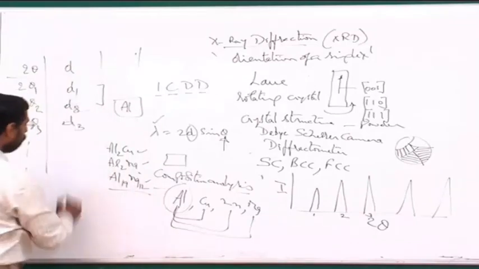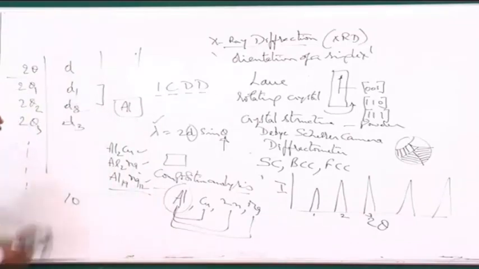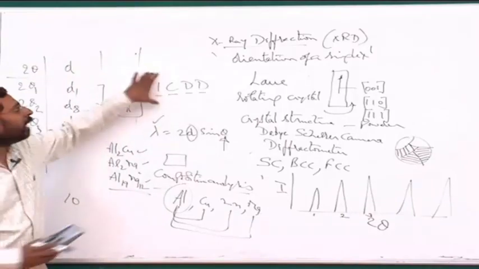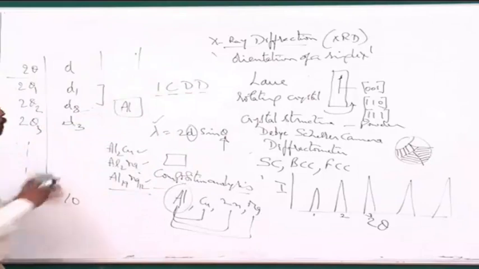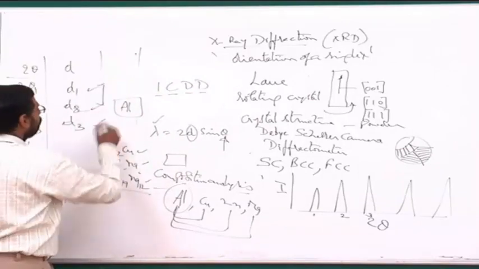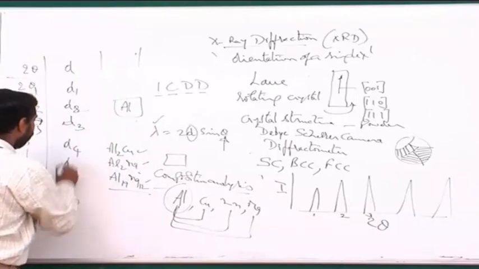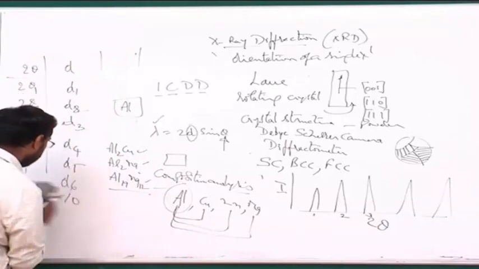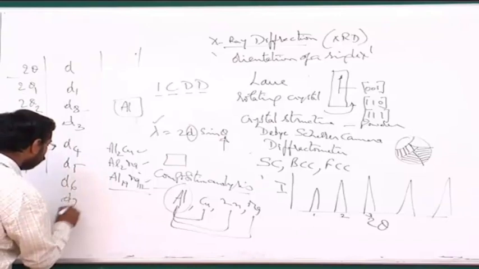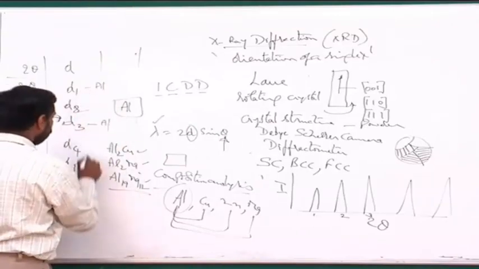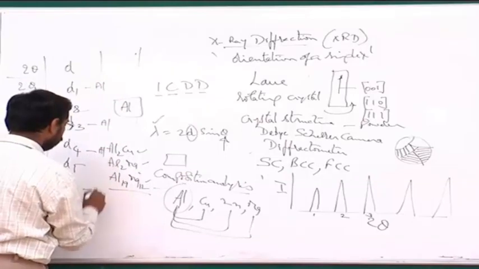Out of all these some 10 peaks that are available or so, find out which peaks are matching with the d spacings of aluminum in the ICDD handbook. I put a tick for all of them and then say, okay, these are all aluminum peaks, d4, d5, d6, d7, like that. So I will say the first one is aluminum, third one is aluminum, let's say fourth one is aluminum, and sixth one is aluminum.